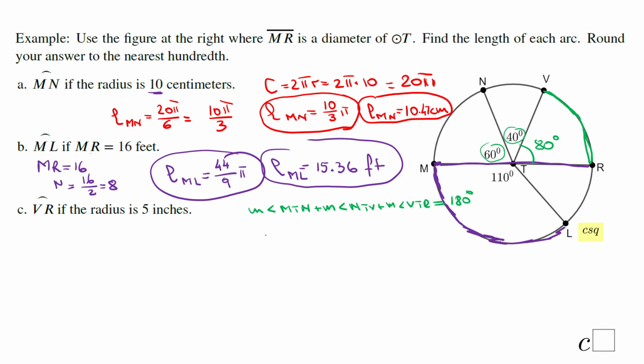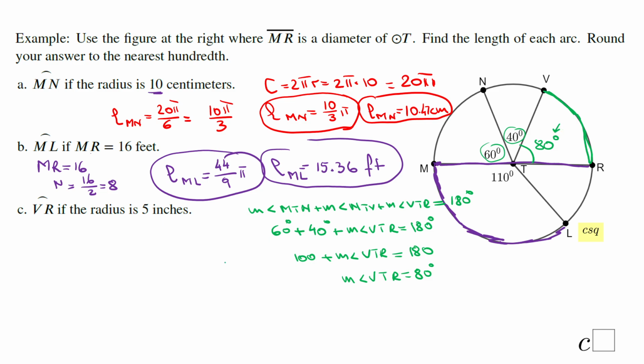The measure of angle MTN is 60, the measure of angle NTV is 40, and the measure of angle VTR is the one we want to find out, and this equals 180. So we have here 100 plus the measure of angle VTR is 180. So yes, the measure of angle VTR will be 80 degrees, like I said here.